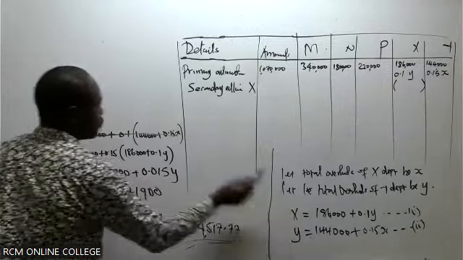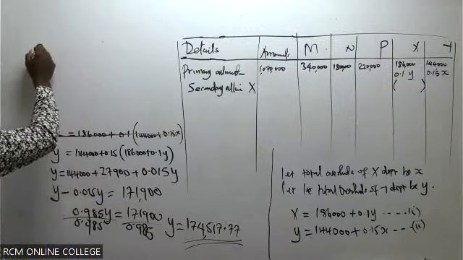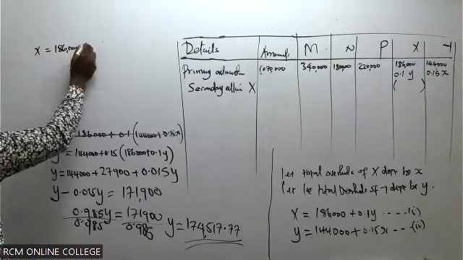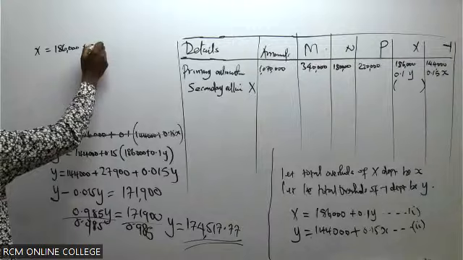Now you come up here where you are indicating that X is equal to 186,000 plus 0.1Y.